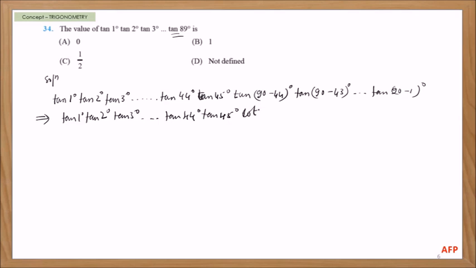Tan of 90 minus 44 will become cot 44 degrees, then cot 43 degrees, and so on up to cot 1 degree. So everything cancels here. Tan 45 is, as you all know, 1. So 1 is the answer, B is the option.